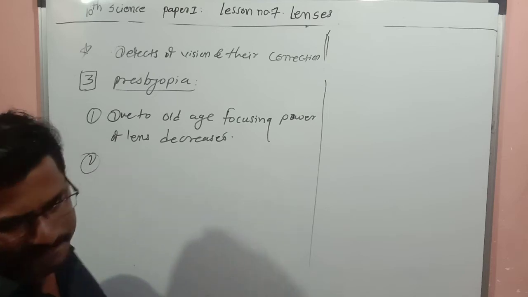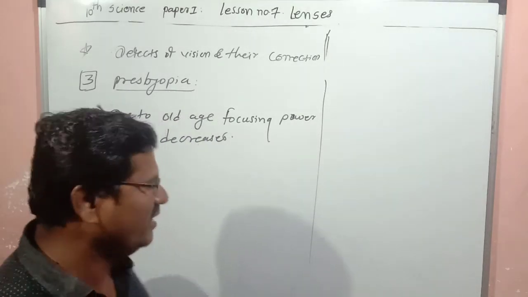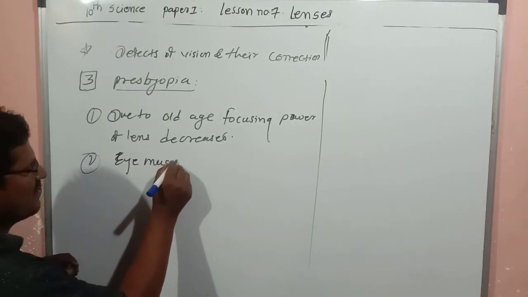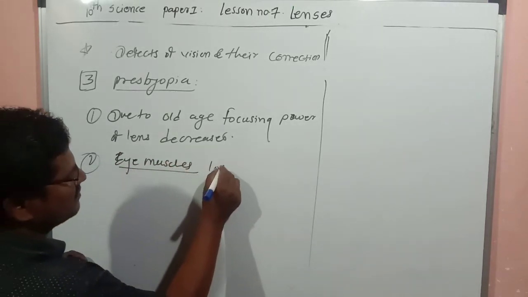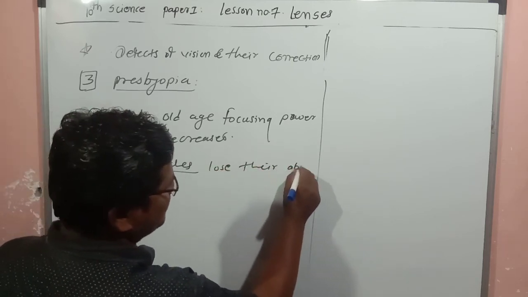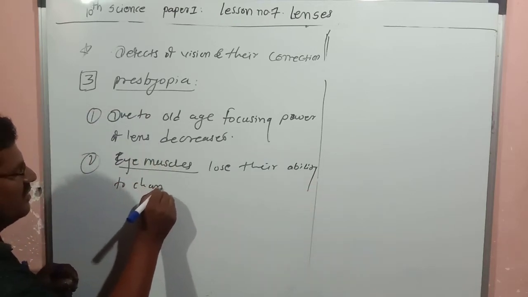Second, the eye muscles lose their ability to change focal length.